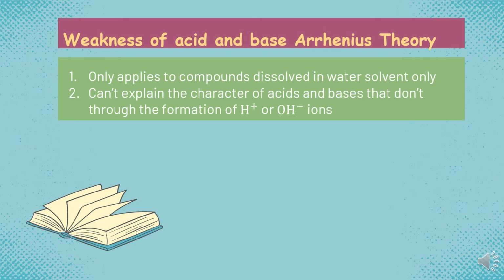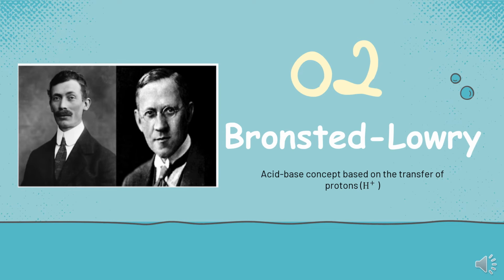First, it only applies to compounds dissolved in water solvent only. Second, it cannot explain the character of acids and bases that do not form H+ or OH- ions. Secondly, the theory according to Bronsted.